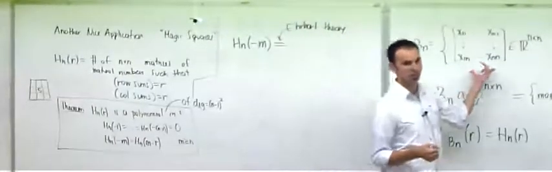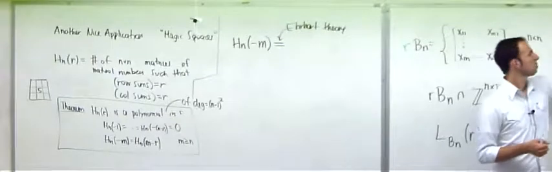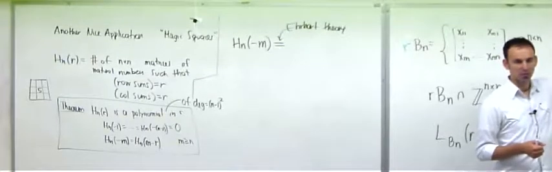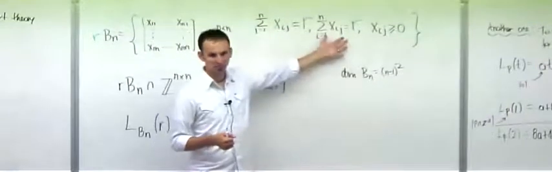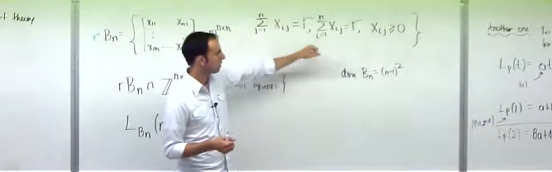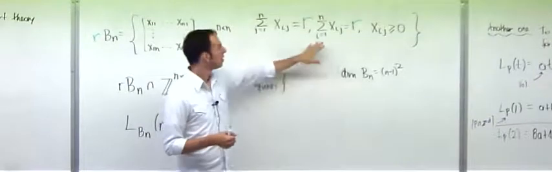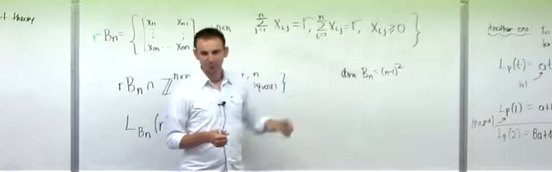But it's not hard to see because you have n squared variables, minus n equations, n squared minus n, minus n other equations, n squared minus 2n. But then the sum of these equations is equal to the sum of these equations, meaning that you have one redundant equation, so n squared minus 2n plus 1.